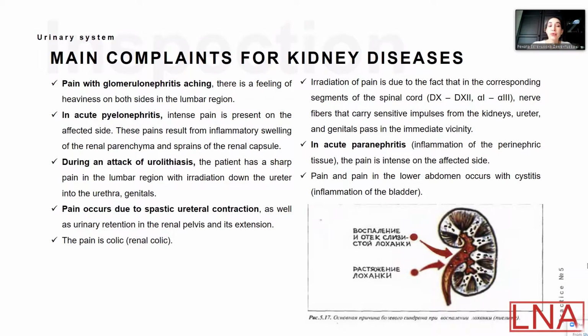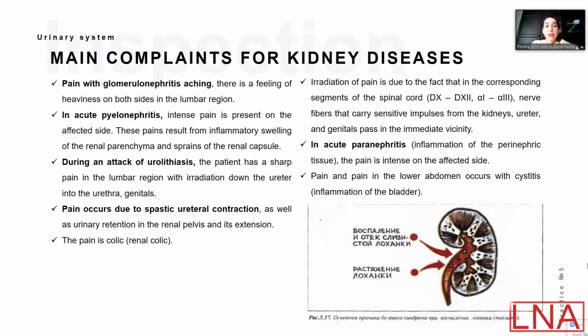During an attack of urolithiasis, with a stone in the pelvis or the ureter, the patient has a sharp pain in the lumbar region with radiation down along the direction of the ureter into the genitals. A stone in the ureter is the first moment of development of urostasis and of inflammation, and surely this pain can radiate along the direction of the ureter.